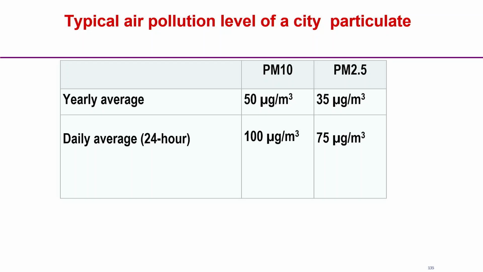Now, for a typical air pollution level of a city, the yearly average of particulate matter for PM 10 is 50 microgram per cubic meter and for PM 2.5 it is 35 microgram per cubic meter.